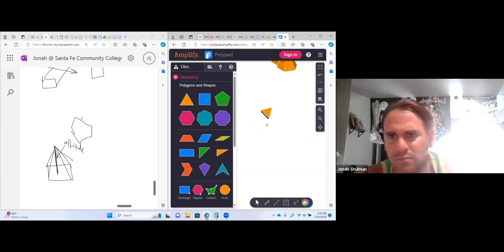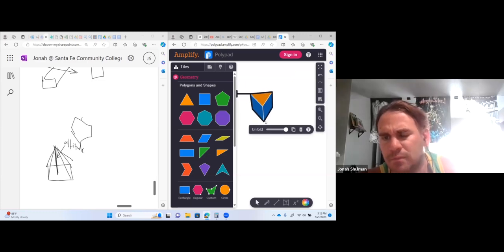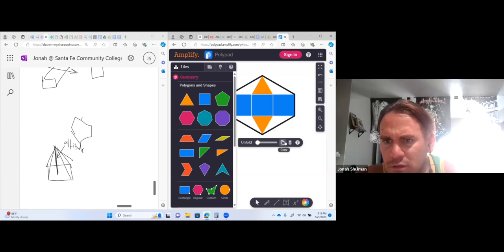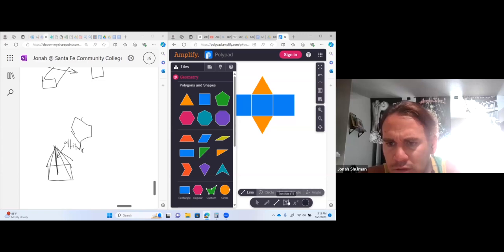Cool. So I just made this little guy. I can zoom in on him. All right, so let me cut this guy. I can move him any way I want, but I just want to show that when I cut him, if I go vertically, I get one shape. If I go horizontally, I get the other. I guess I gotta unfold it before I cut it. Let's undo that.